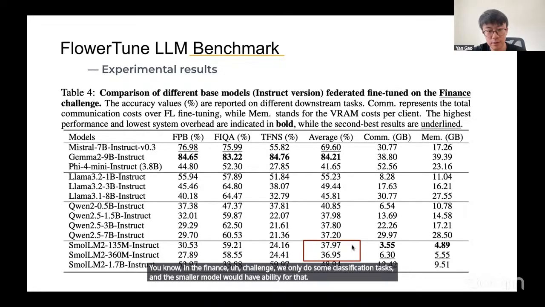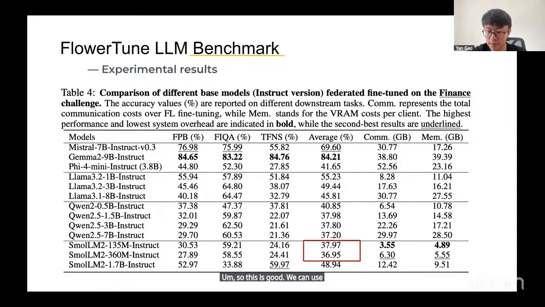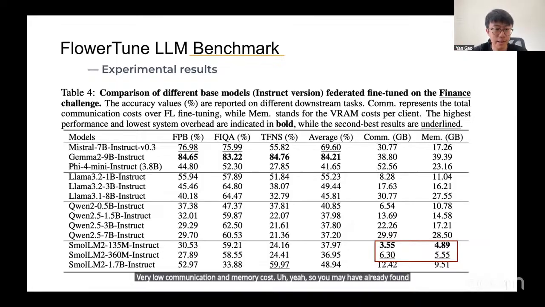So this is good. We can use a small model for this task, and with the small model we have very low communication and memory cost. You may already have noticed there's a trade-off between accuracy, the performance, and these metrics.